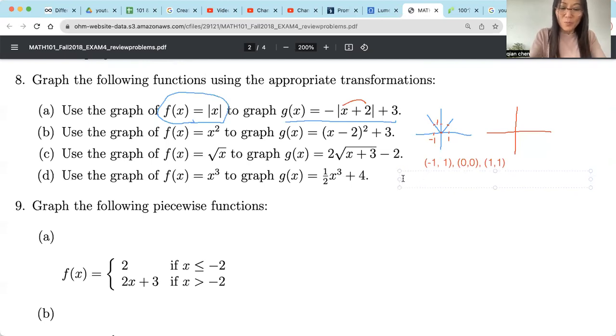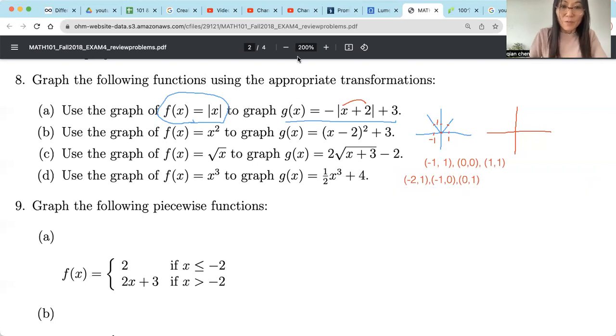When the x value is being pushed to the left, we do -1 for the first point: -1 minus 1 is -2, 1. So I have this point. The 0 being pushed to the left, 0 minus 1 is -1, 0. Then 1 minus 1 becomes 0, 1.